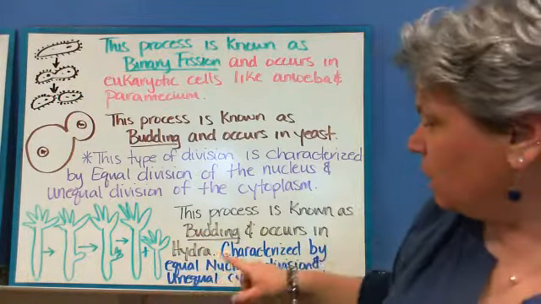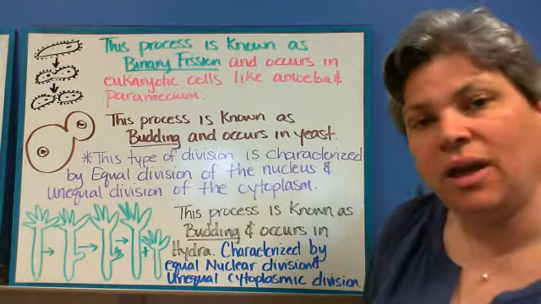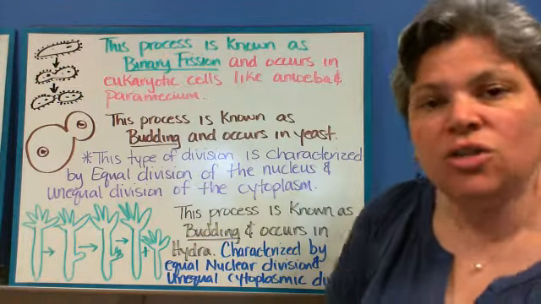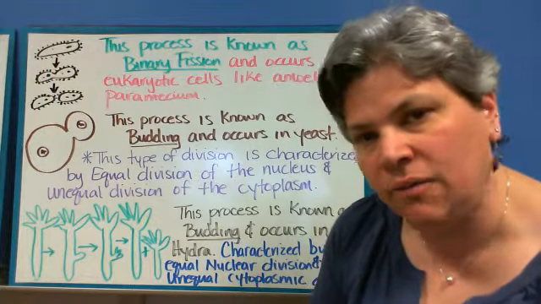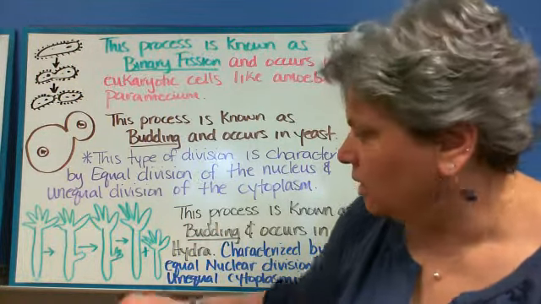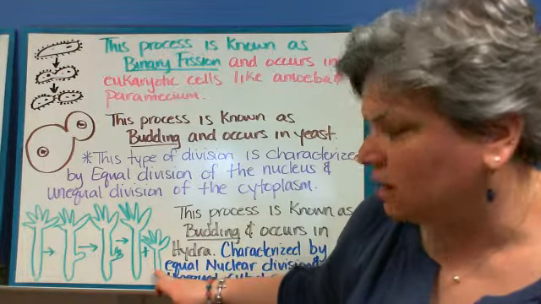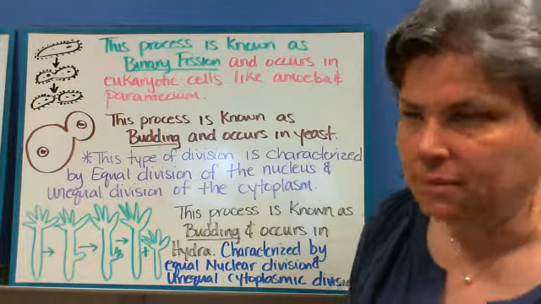So again, the process is known as budding, occurs in an organism known as a hydra, and it's characterized by equal nuclear division. So the chromosomes and the nuclear information divides completely equally and evenly, but the cytoplasm divides unequally. And you can see that because this one is clearly larger than this one. So that would be unequal division of the cytoplasm.